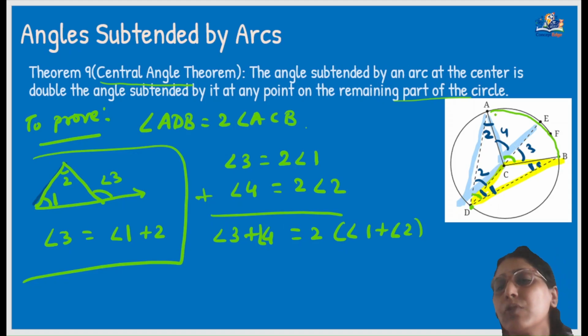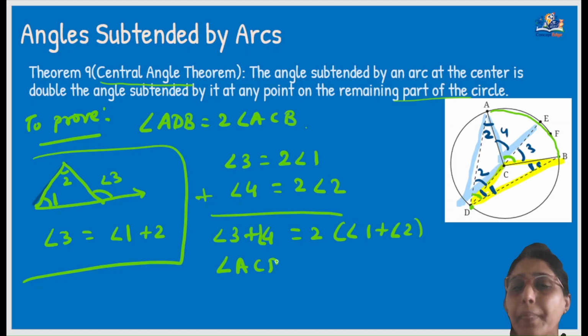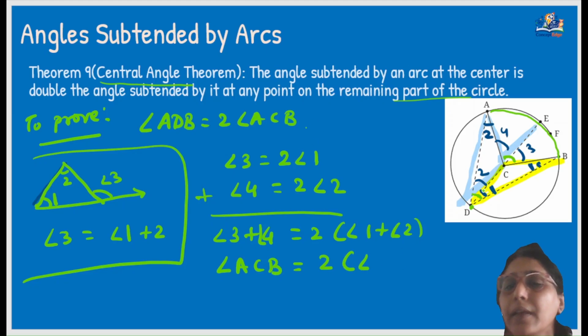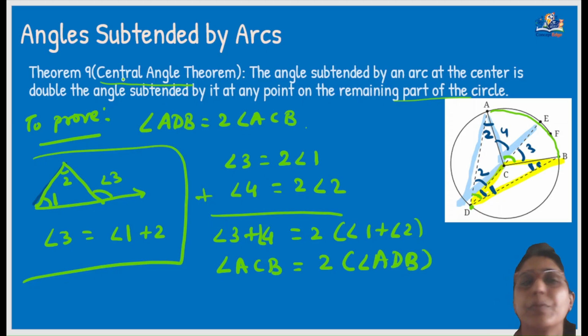Angle 3 plus angle 4 is nothing but angle ACB, so I can say that angle ACB is nothing but 2 times angle ADB. And this is what we had to prove. I'm sorry, I have to write here this as ACB and ADB.